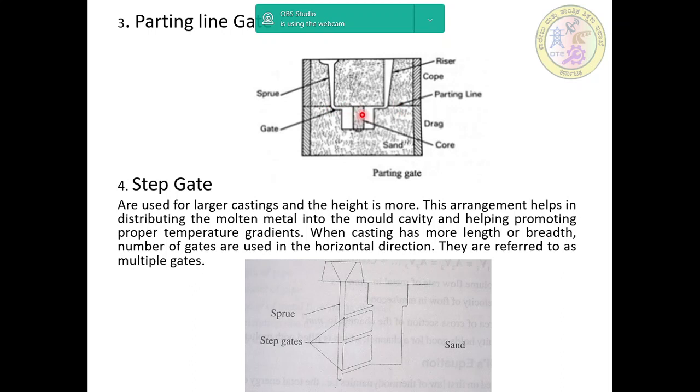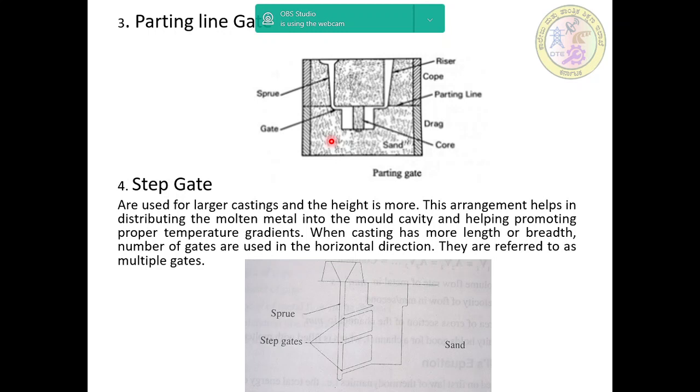After filling the mold here, molten metal will enter this gate, and then enter this riser section. In the parting line gate, the gates are located at the junction of cope and drag boxes. This is the junction, the parting line surface, and they can be easily prepared.